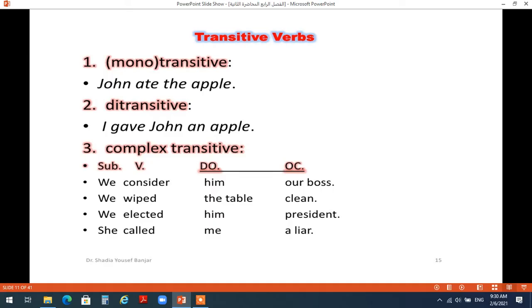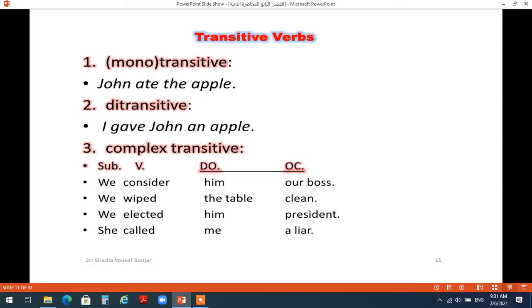And as I told you, the object complement is usually some kind of description or some kind of additional information referring to the direct object. So our boss here refers to him. Clean, it refers to the table or describes the table. President also refers to him.